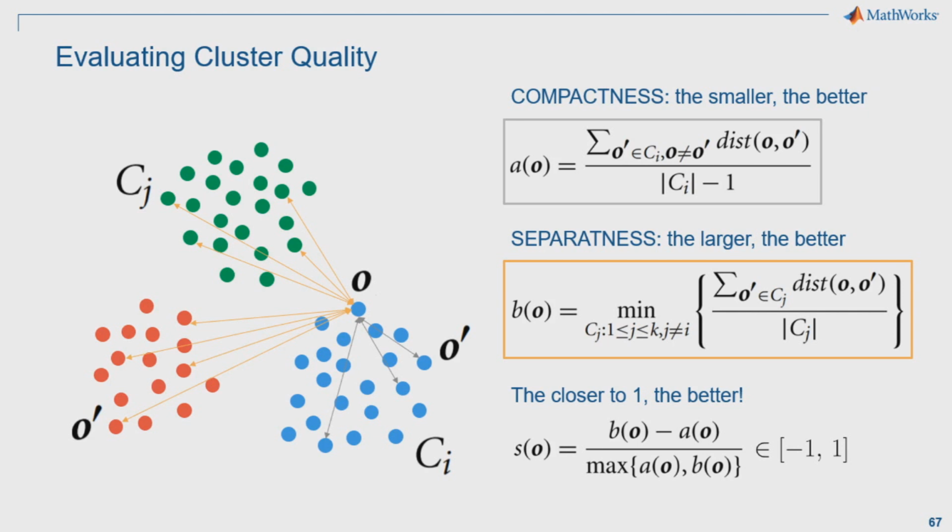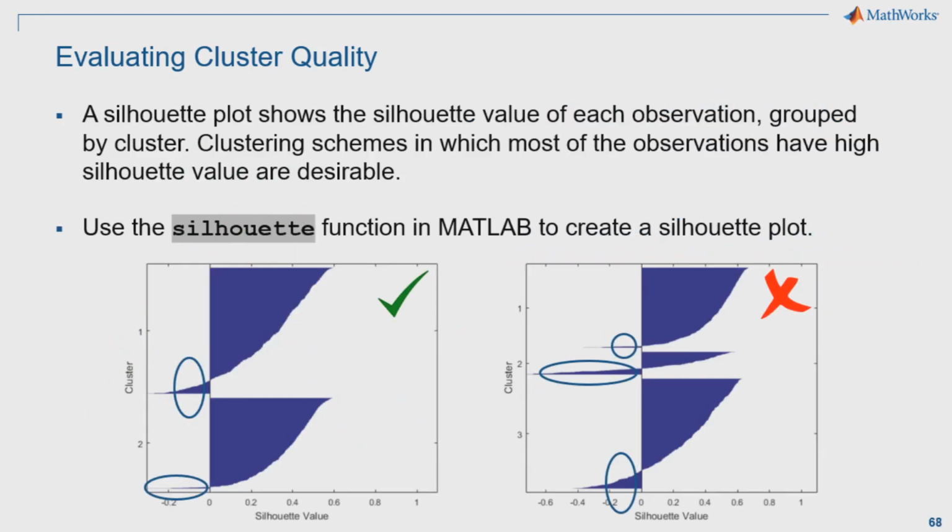This index is computed for each data object O, and to evaluate the cluster quality effectively, what we have to do is to compute this index for each data object, for each data point in our dataset.